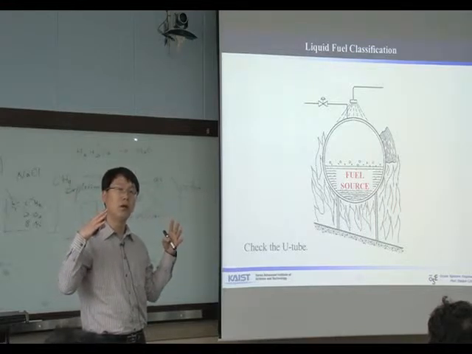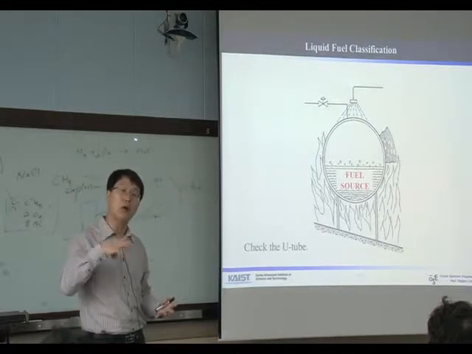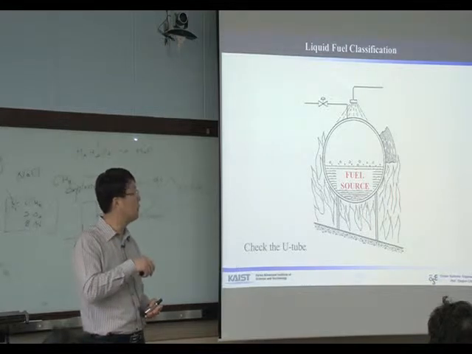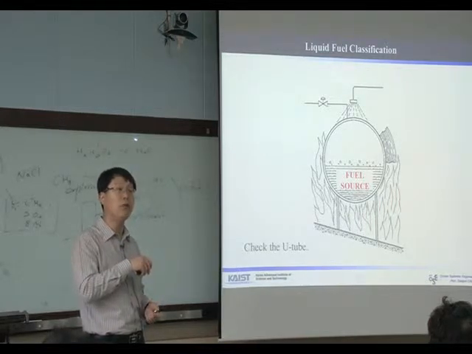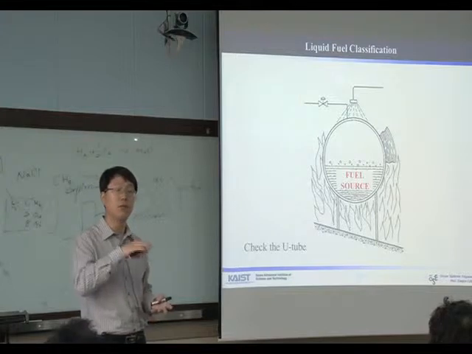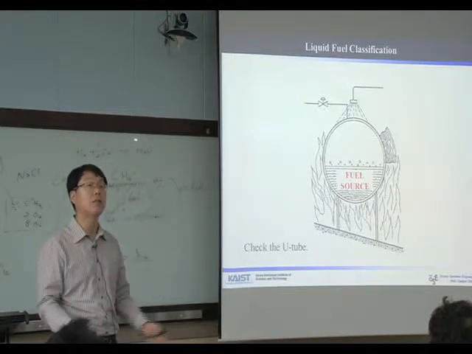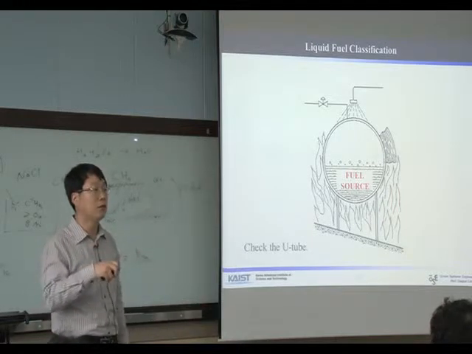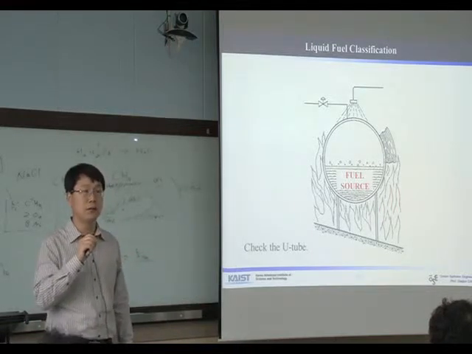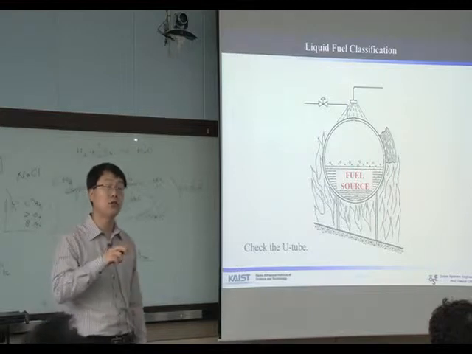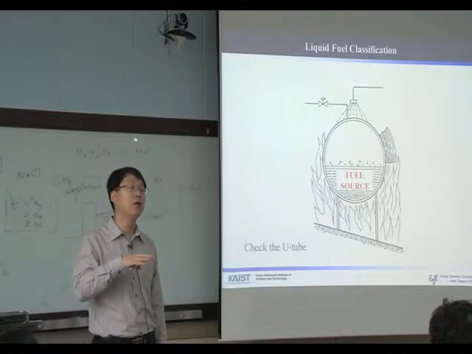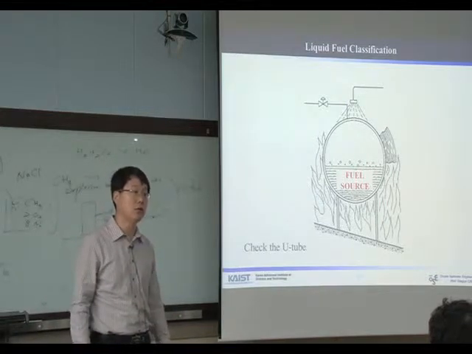So we want to cool down this one. This is called inventory. Inventory is the amount of hydrocarbon inside a segment or containment. So our first objective is to cool down, to try to lower the vapor pressure.